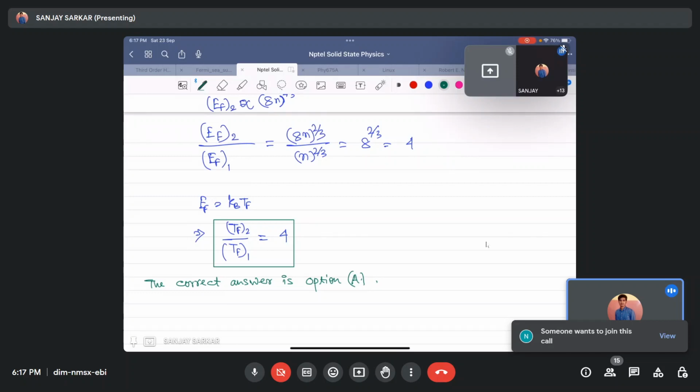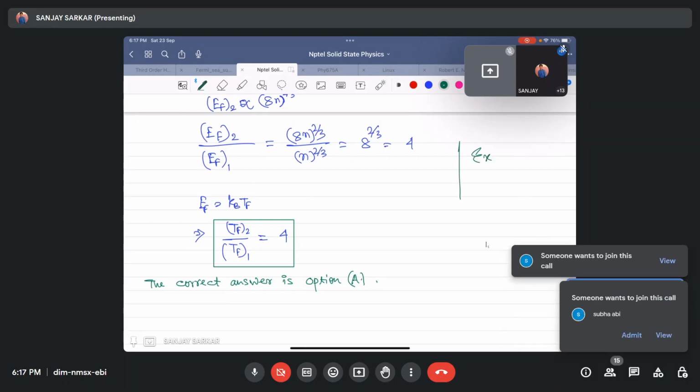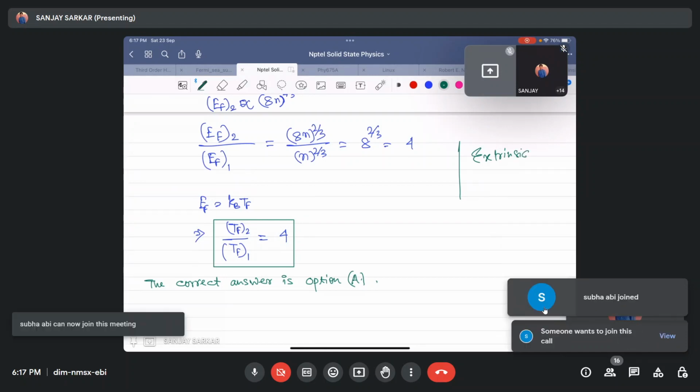Can you send me the question you are talking about? So what is it for an extrinsic semiconductor? What do you want to calculate? Let's say we are talking about an extrinsic semiconductor, and we want to calculate n.